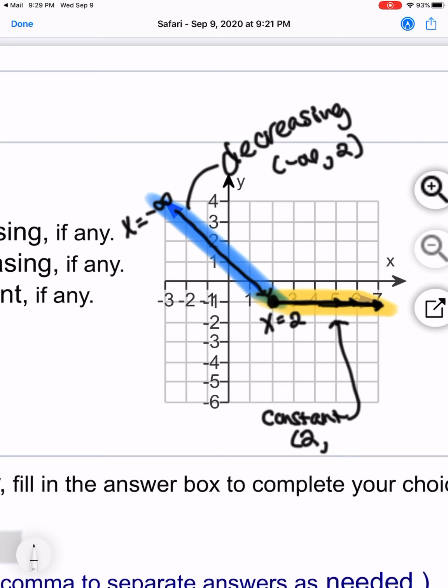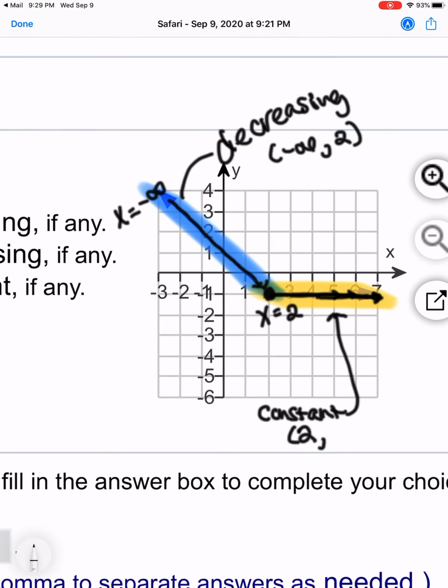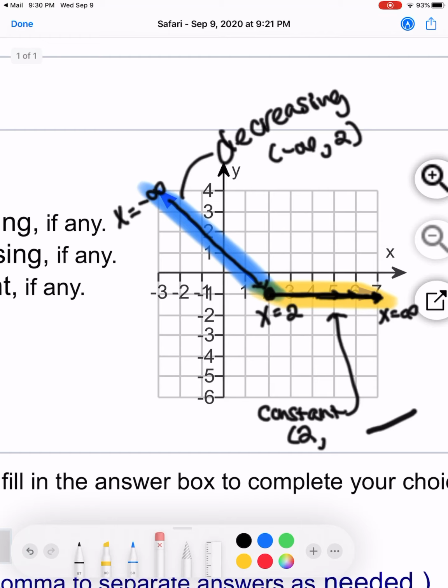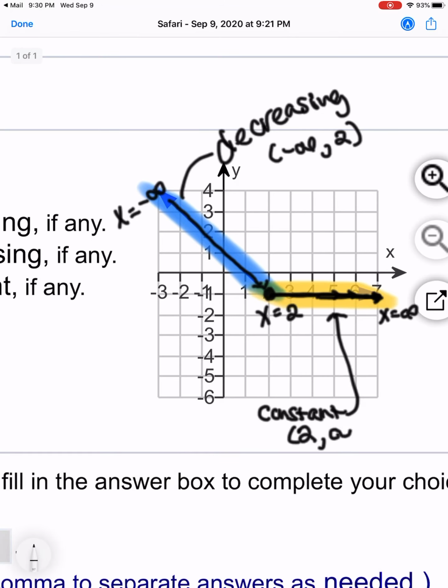Because we go to the edge of the graph and we have an arrow here before I marked it up, you can view that and think of that as x equals infinity. Sorry for the random mark there. So we're going to be constant from x equals 2 to infinity.